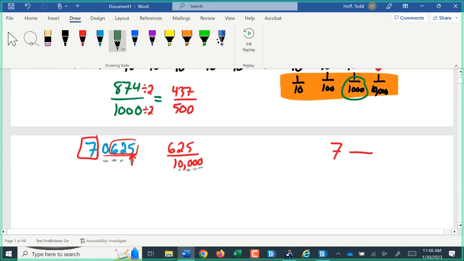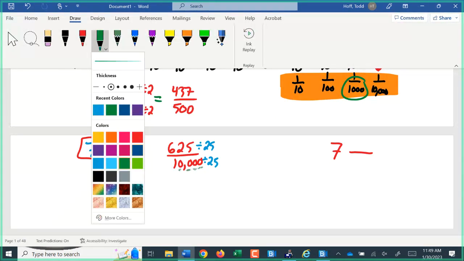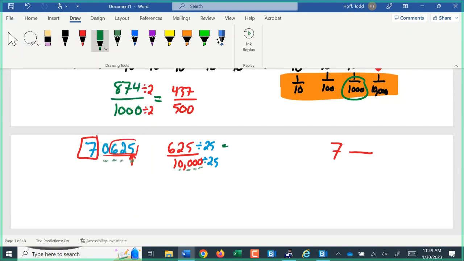Now, of course, that can be reduced. Both 625 and 10,000 can be reduced by 5, but you might see that both of them can be reduced by 25. There are actually bigger numbers they can be reduced by, but we'll start with the 25. So 625 divided by 25 is 25. 10,000 divided by 25 is 400.